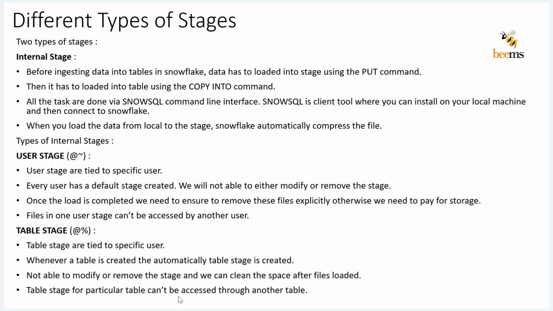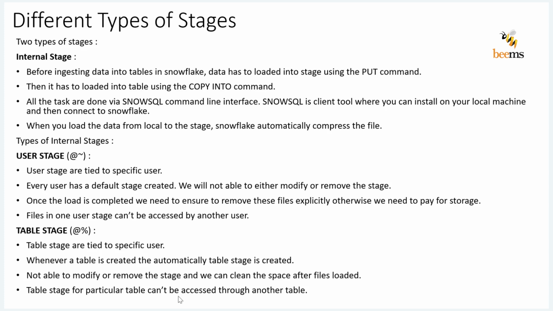Okay. And Sandeep, what is the main difference between user stage and table stage? In user stage, whichever user is created, whatever they have created, like snowpipe, task, stream, views, functions, you are able to see all those things.